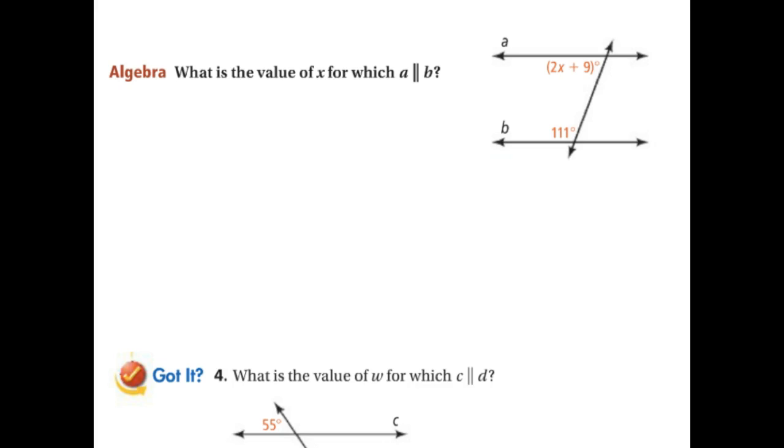It says, what is the value of x for which A is parallel to B? We want to look at that picture with those angles. I've got 111 down here and 2x plus 9 up there. You want to think about, okay, what kind of angles are those? Well, I see they're both inside A and B, so they would be interior.